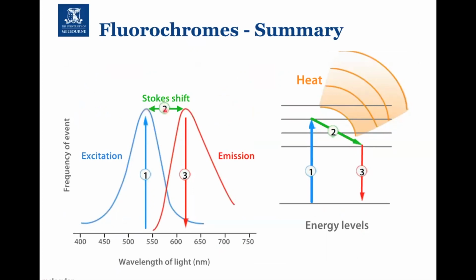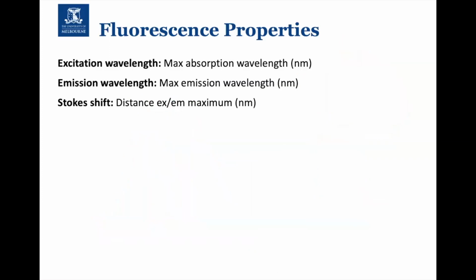That produces our Stokes shift, which means the photon, which is finally released to bring us back down into the ground state, has a longer wavelength than the photon that would have excited that molecule. Okay, so we've covered 3 key things there about fluorescence: the excitation wavelength, the emission wavelength, and the Stokes shift. Hopefully that's clear to you now.